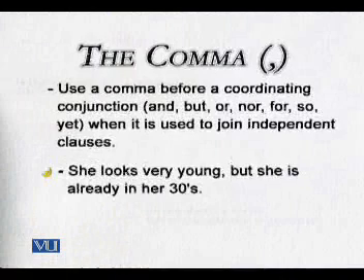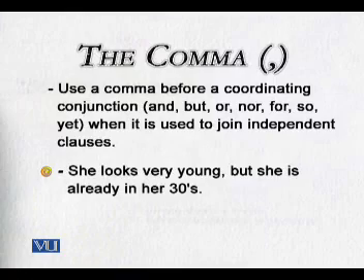If you want to combine these two sentences and make a compound sentence, let's do it. She looks very young, but she is already in her 30s. Now, before but, we have to put a comma. Please keep in mind, coordinating conjunctions, FANBOYS as a mnemonic.